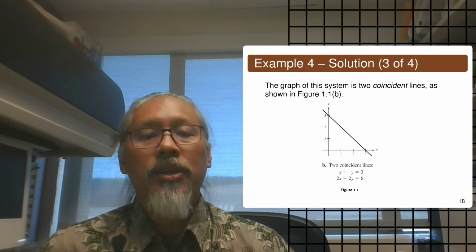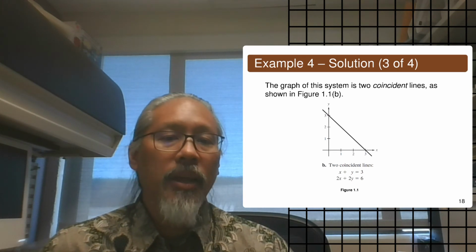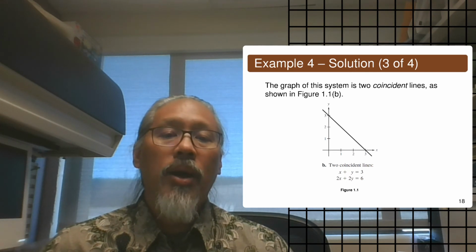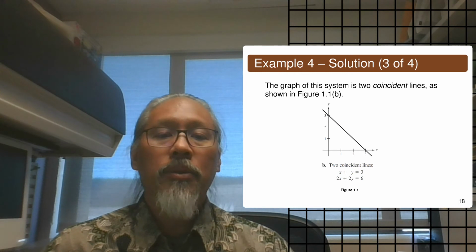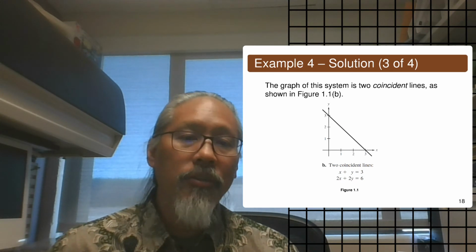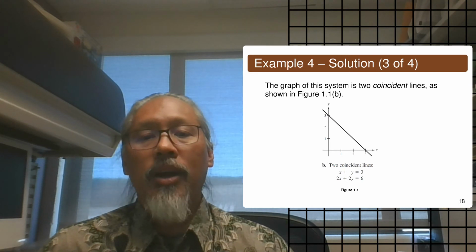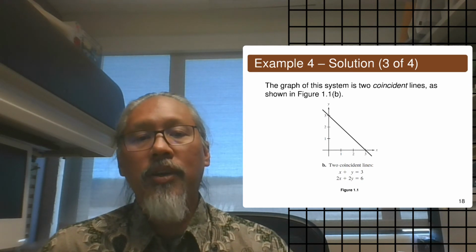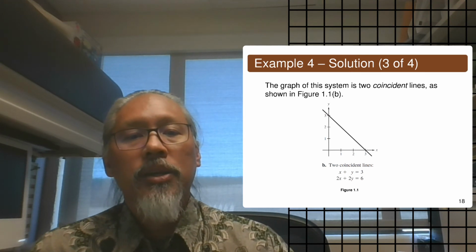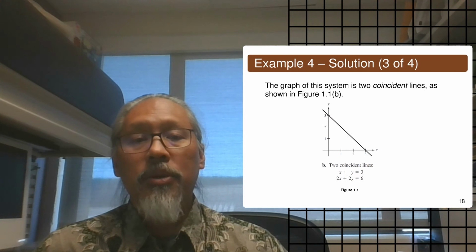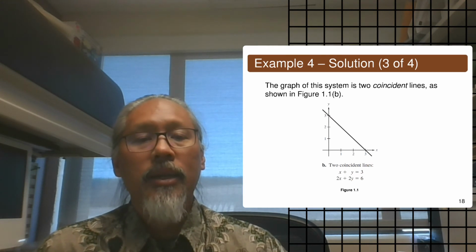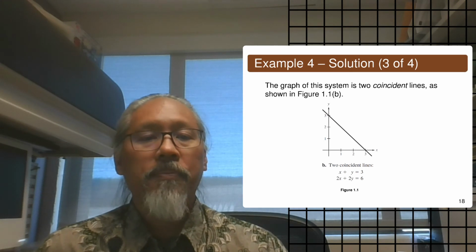And so to represent this, we would just let y = t, and then solve for x, so that x = 3 - t. By letting t equal any value, you can find your x value, and then you can have that ordered pair or the solution set. So in this case, we have an infinite number of solutions, and our two lines actually coincide and are exactly the same.